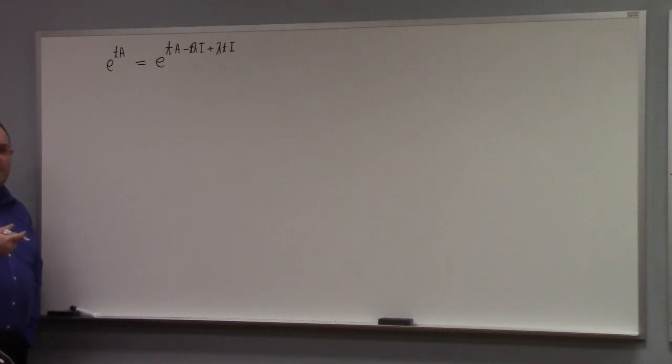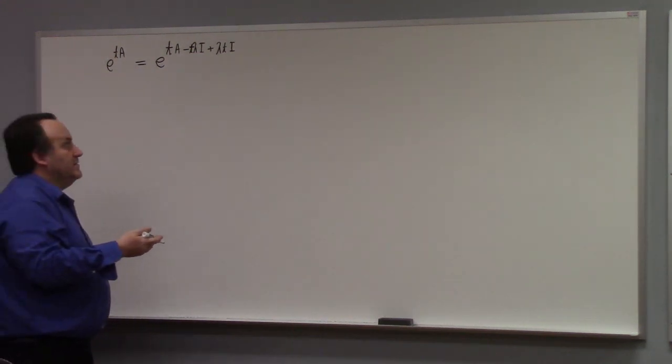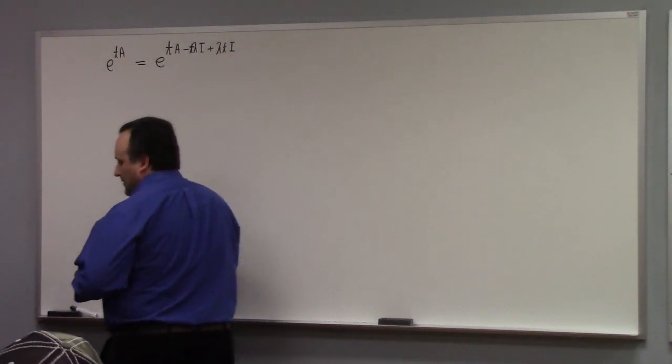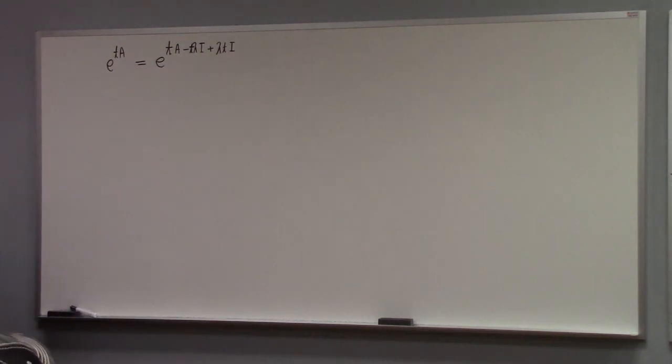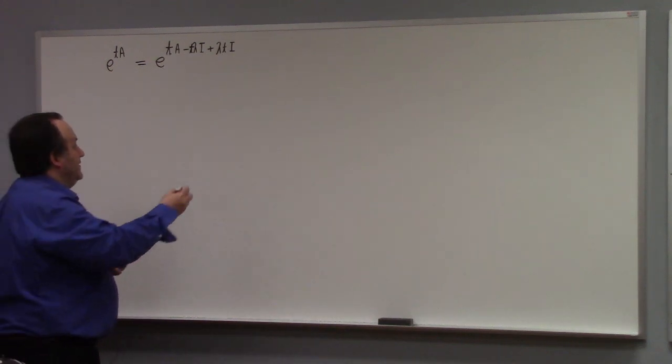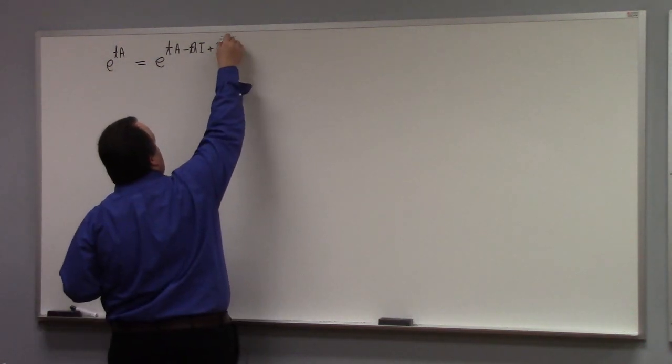Then the matrix lambda t times the identity commutes with everything. One of the identities we had for the matrix exponential is that it doesn't generally follow the laws of exponents.